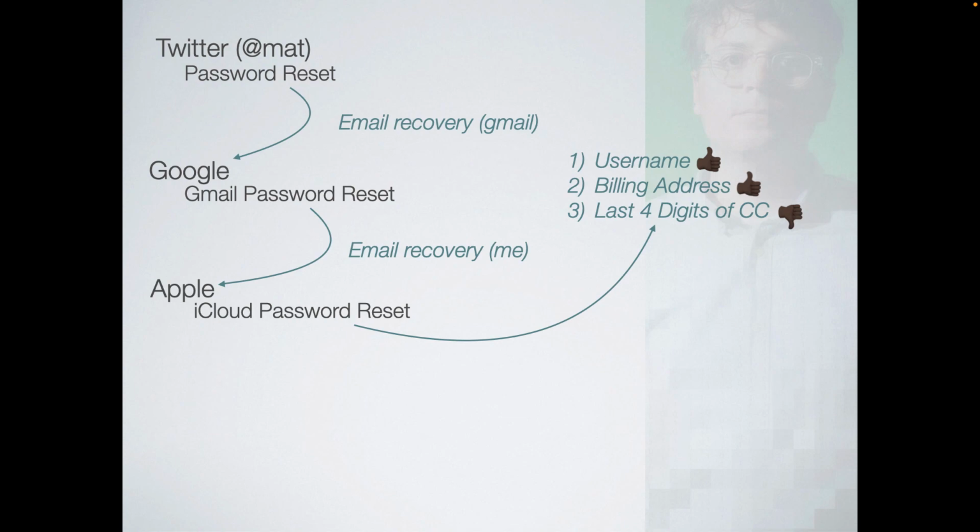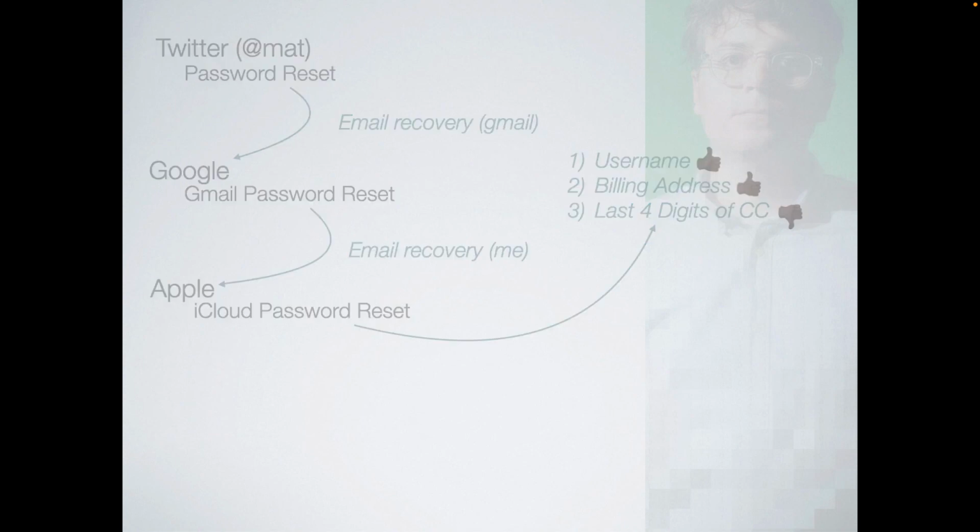So then what they did is they said, okay, where can we get the last 4 digits of the credit card? Well, maybe Matt Honan uses Amazon. Okay, let's try that, see what happens. So they go over to Amazon and they say, I'm Matt Honan@gmail.com or whatever it is, and I forgot my password. Okay, now Amazon is also a little bit different. They're an e-commerce site. They also have humans that will talk to you on the phone.